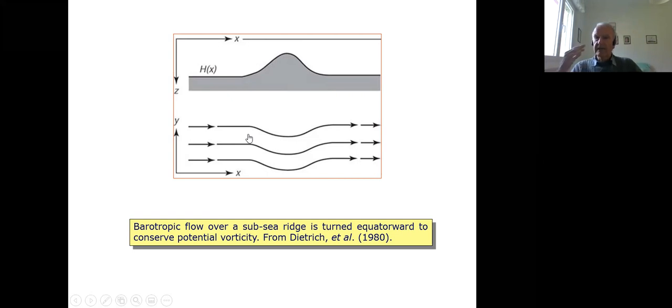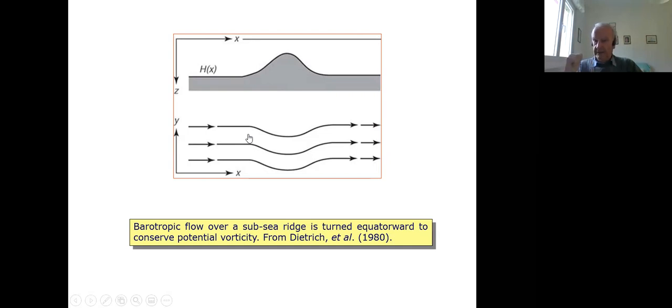The only way a barotropic flow, barotropic meaning homogeneous from the surface to the bottom, can bypass a shallower part of the ocean and keep the potential vorticity conserved is to leave the bump in the bottom on its left.